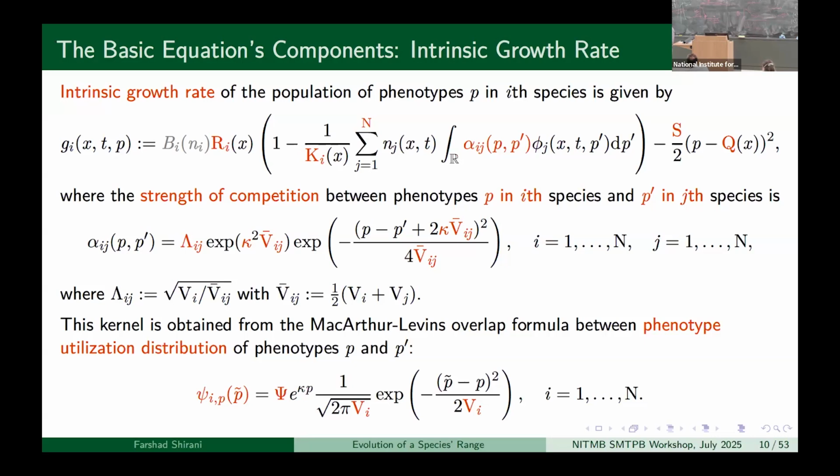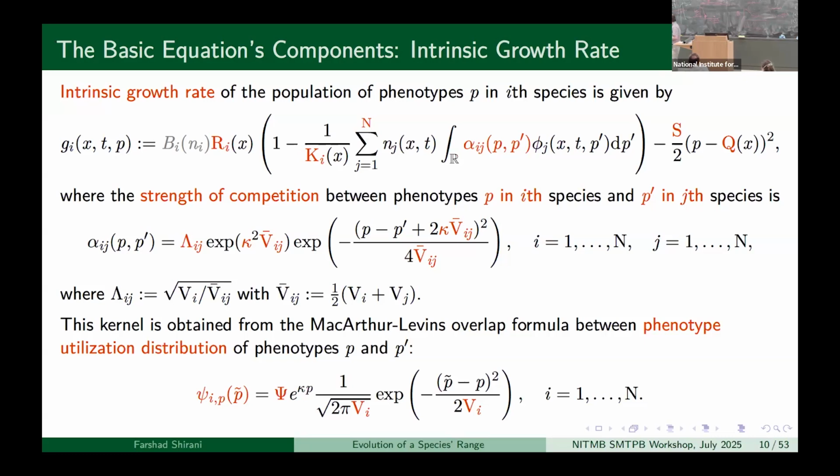Q is the value of the optimum trait, penalizing the phenotypes that are far away from the optimum. S is the strength of stabilizing selection. Competition comes from the MacArthur-Levins overlap between these resource utilization or phenotype utilization curves. There is a parameter K that allows for asymmetric competition and these sorts of things.